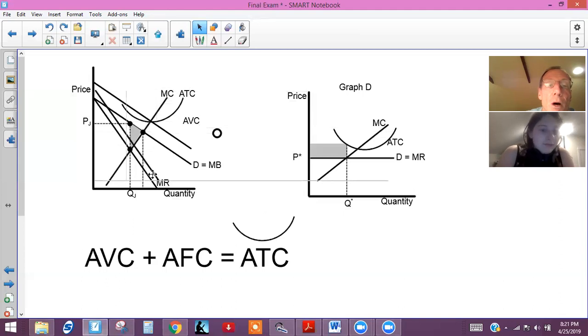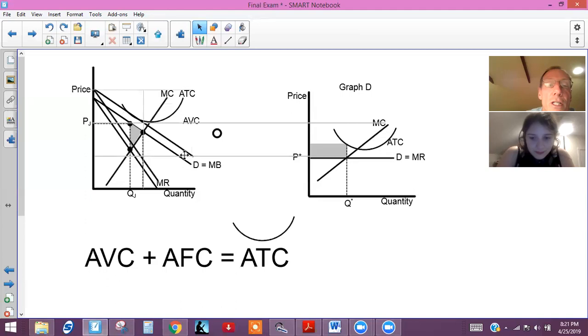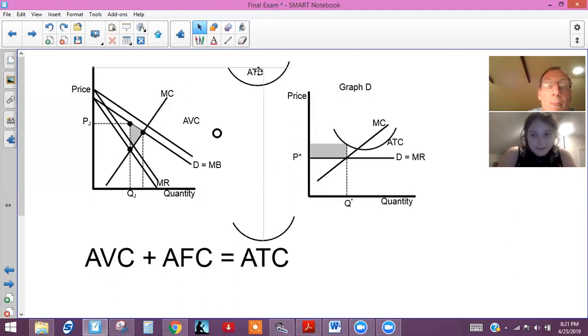Let's make the shift smaller, because if I make the shift too large, it's hard to see what I'm trying to get you to see. Let me get this guy out of the way, because we're not worried about him right now. So let's assume that demand just went up, but the firm kept the price where it was. Okay. Right here.